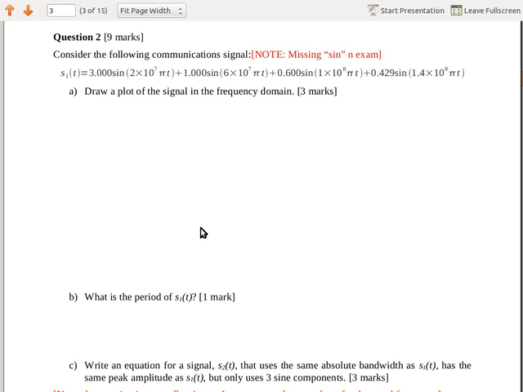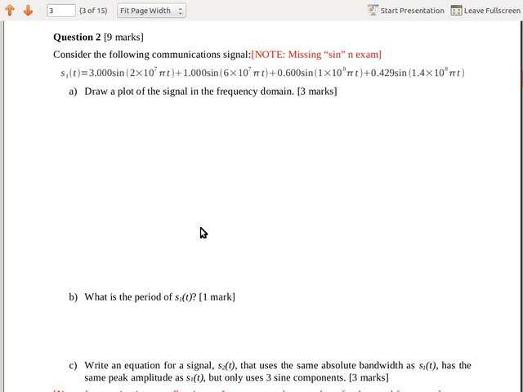Amplitude equals 3, phase equals 0, and the frequency is 10 to the power of 7, which is 10 by 10 to the power of 6 hertz, or 10 million hertz, 10 megahertz. 2 pi f equals 2 by 10 to the 7 pi, therefore f equals 10 to the power of 7. So that's the frequency of the first component, and we can do similar for the other components.